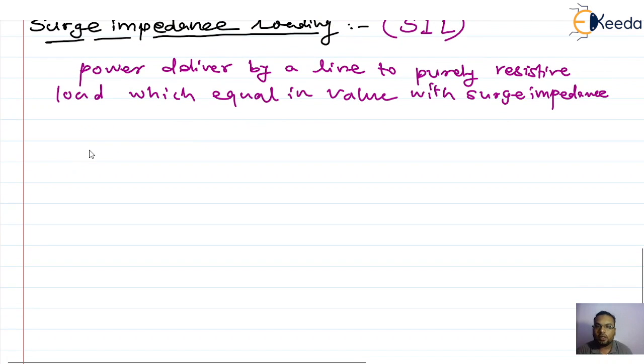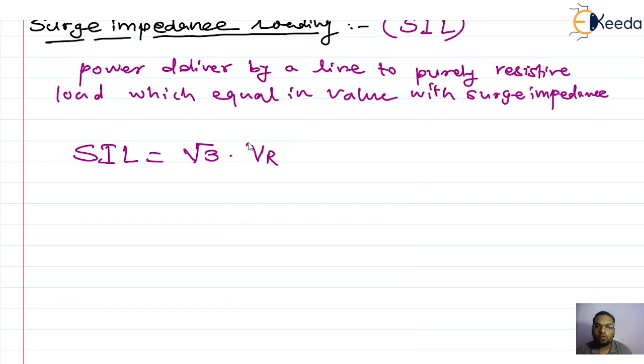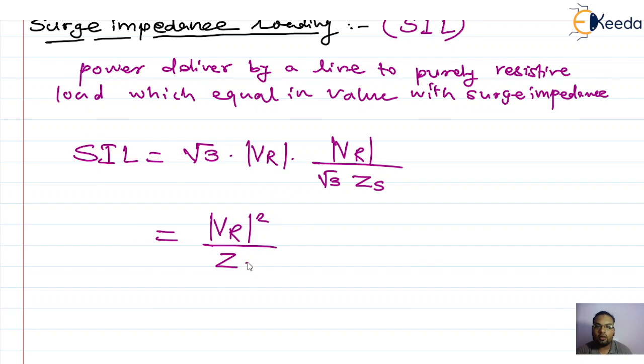It can be calculated as SIL = root 3 into VR into the receiving end current, which is VR divided by root 3 into ZS. If I simplify, root 3 gets cancelled, so we are left with VR square divided by ZS. This is how the surge impedance loading is calculated.